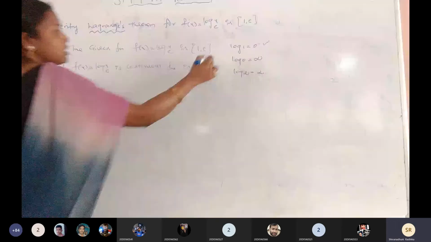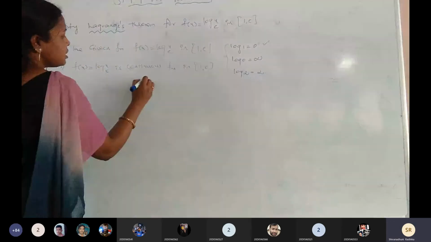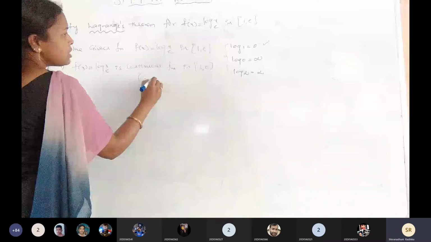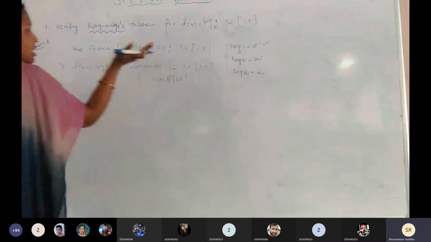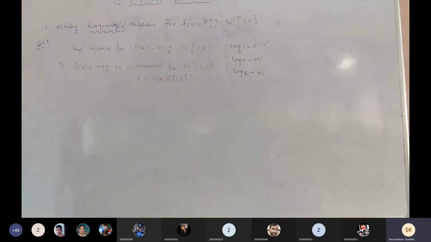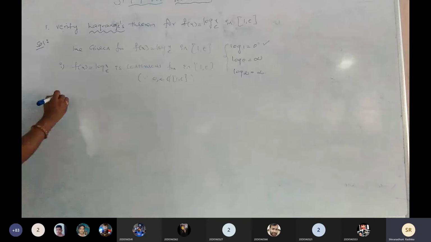Why? Because these are the results. And since (0, infinity) does not belong to the closed interval [1, e], for that purpose f of x is a continuous function. Is it clear?